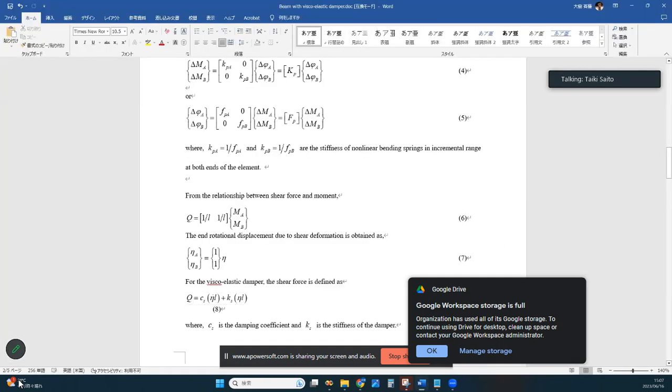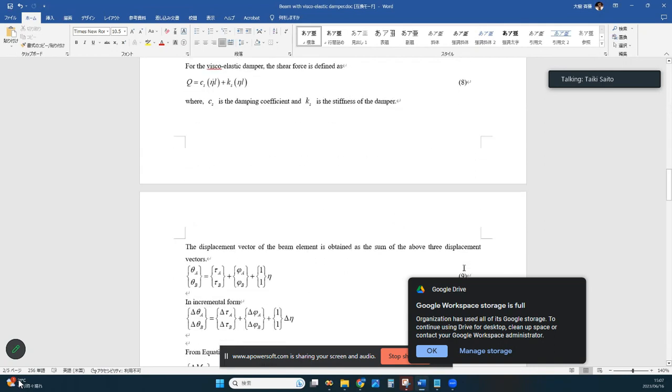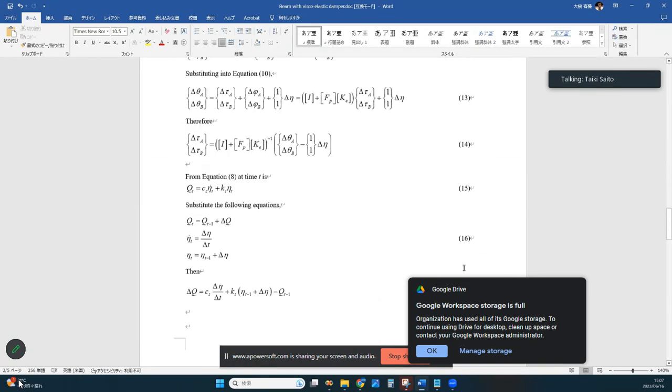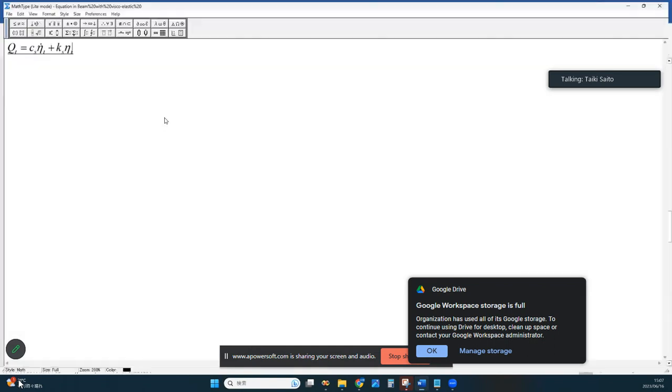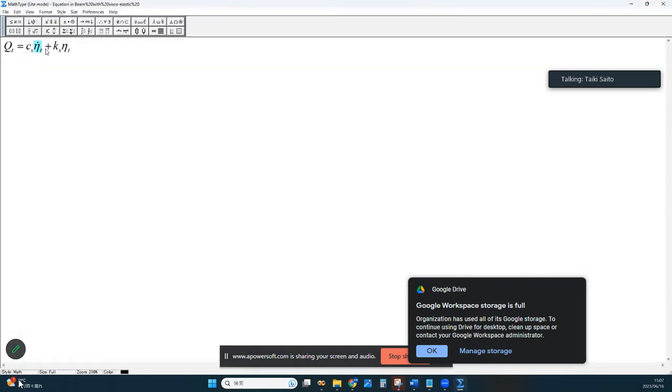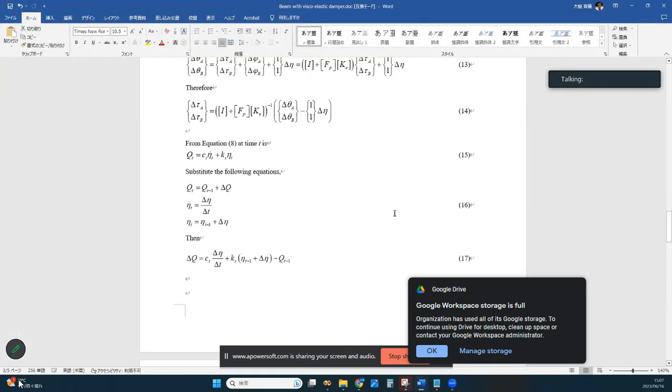So it means, let's see, this part will be multiplied. Velocity.